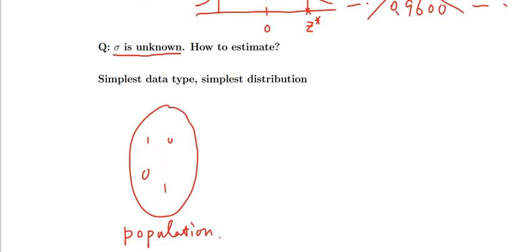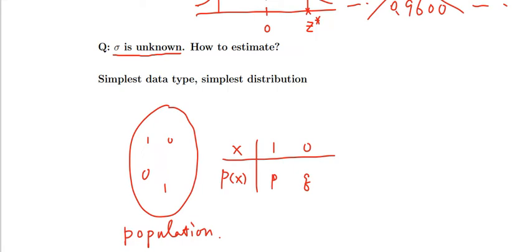To describe this population, we use the 1-0 distribution, right? If we pick some guy from this population, this guy may say yes or may say no. The only unknown thing is the probability, or percentage, for saying yes or no. So the only unknown is p.